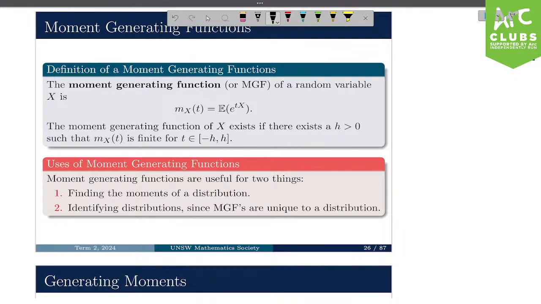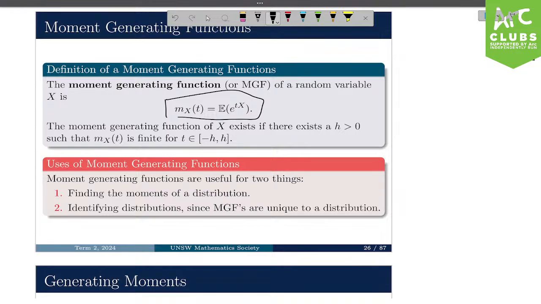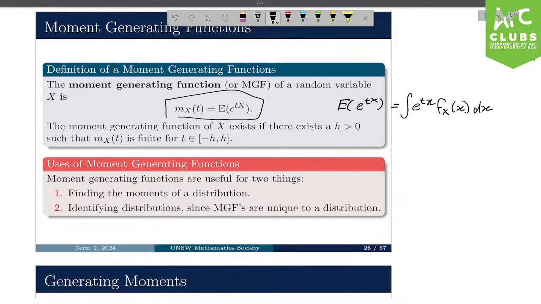Moment generating function. A moment generating function of a random variable x is given by this expression. It is the expectation value of e to the t x. So we can write the expectation value of e to the t x equals the integral of e to the t x f_X(x) dx. Okay, that's the definition of a moment generating function.